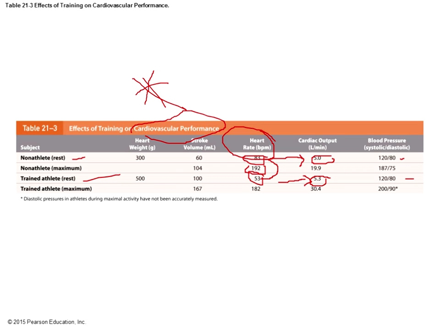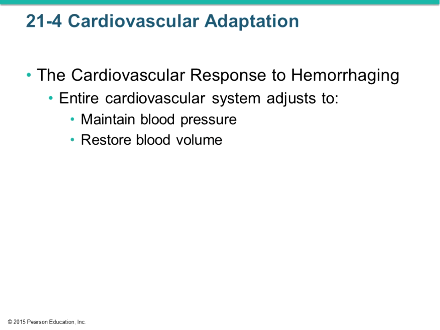Blood pressure also, I would say you'd probably see a lower blood pressure here in the trained athlete than you would in the non-trained, but you get the point. So anyway, this is a good chart to compare the differences in stroke volume and heart rate and blood pressure and all those kinds of things in trained versus untrained. Because exercise does have a significant impact.